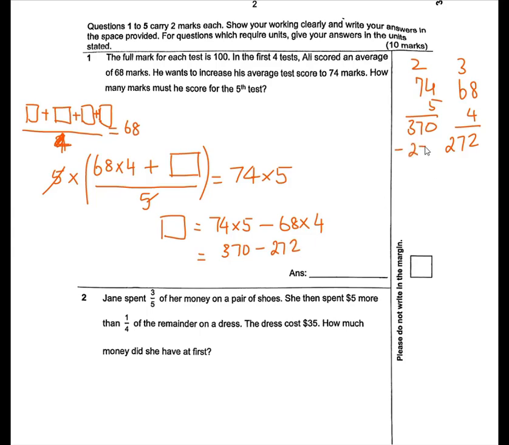So 370 minus 272 becomes 98. So I will have to score 98 in the final test, the fifth test, to get an average of 74. So the answer is 98.